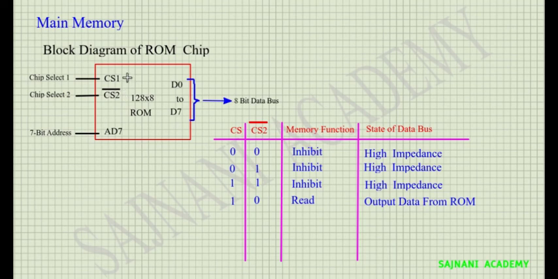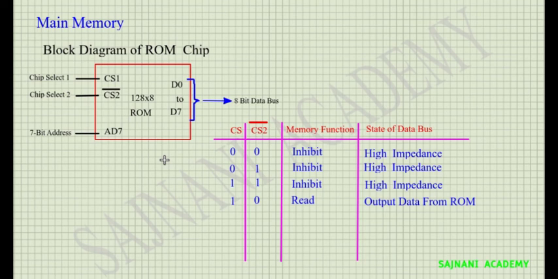If CS1 is 1 and CS2 complement is 0, in that condition, whatever address is mentioned by these 7 bits, AD0 to AD6, that address location will be read from the ROM and the data will be put onto the 8-bit data bus. So in the ROM IC we don't require any read or write signal. Only chip selection is sufficient to read the data from the ROM.